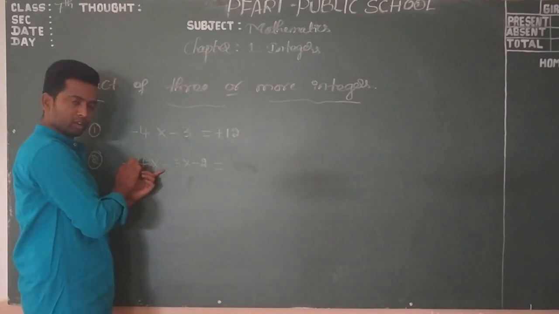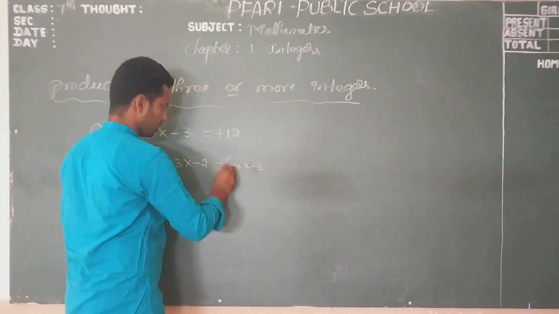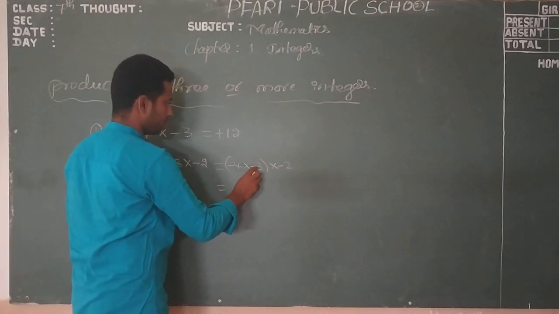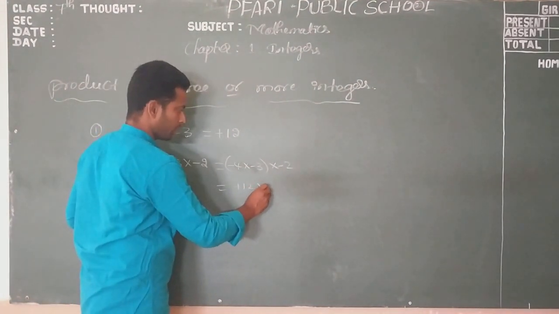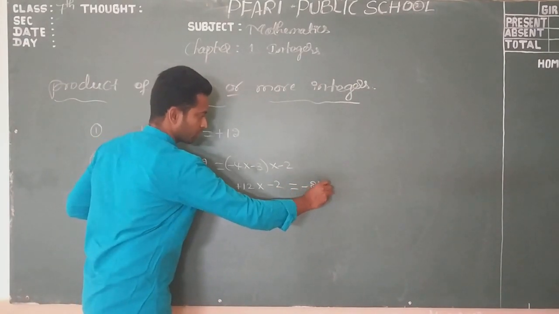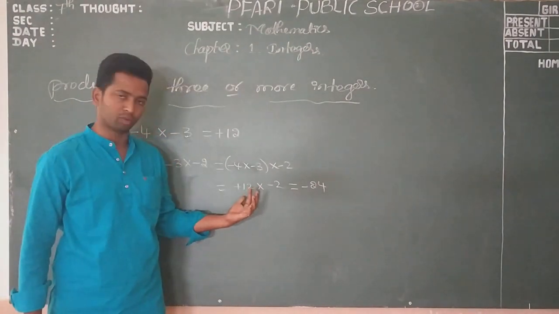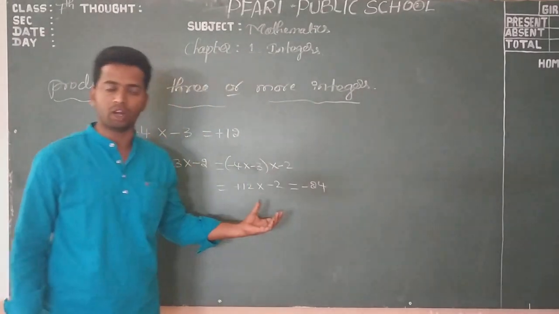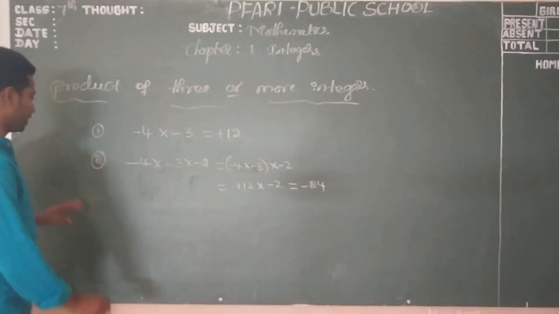First you write down minus 4 into minus 3, which is plus 12. Then plus 12 into minus 2 becomes minus 24. If we have two different kinds of integers, one positive and one negative, we take the product of the whole numbers and place the negative sign before writing the product.